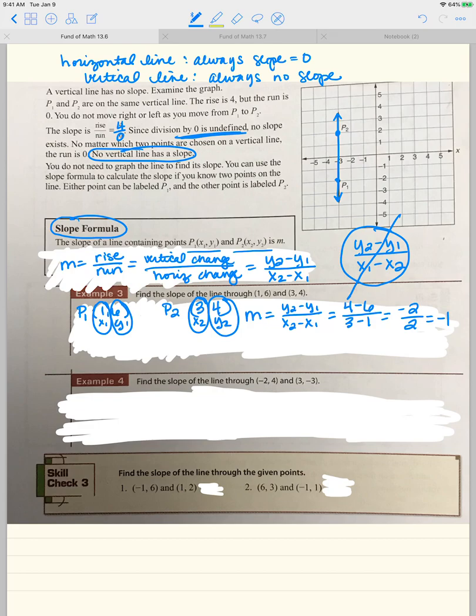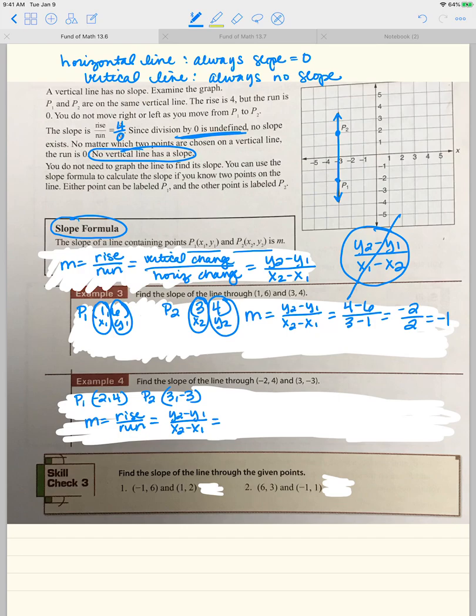Example number 4. Find the slope of the line through negative 2, 4, and 3, negative 3. We're going to say P1 is negative 2, 4, and P2 is 3, negative 3. Slope formula. M is equal to rise over run, which by our formula is y2 minus y1 over x2 minus x1.